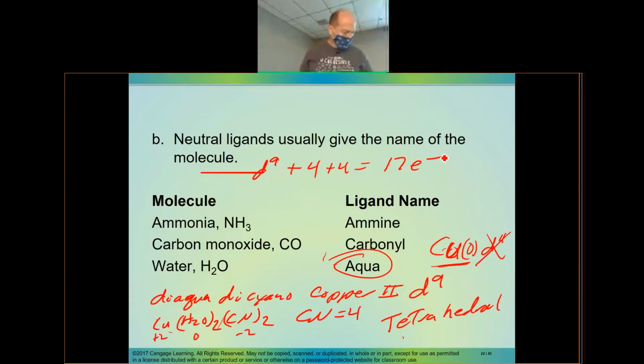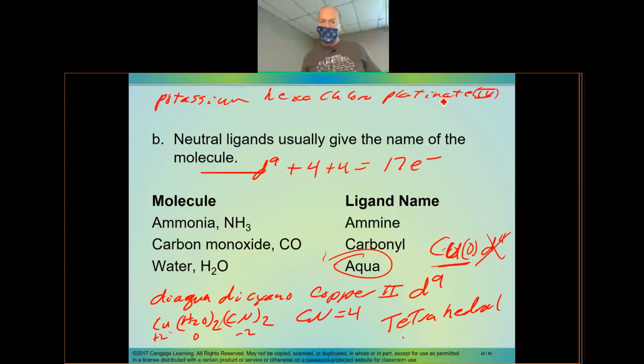All right, the next one to name is potassium hexachloroplatinate 4. Potassium hexachloroplatinate 4. All right, so it says platinum because potassium is the cation, and this is part of the anion.